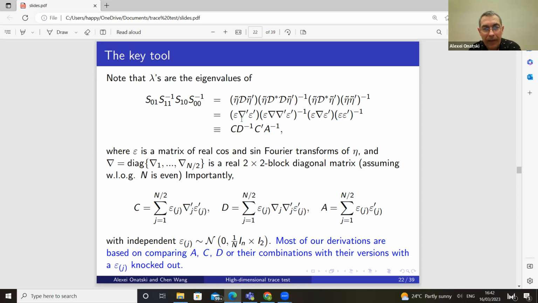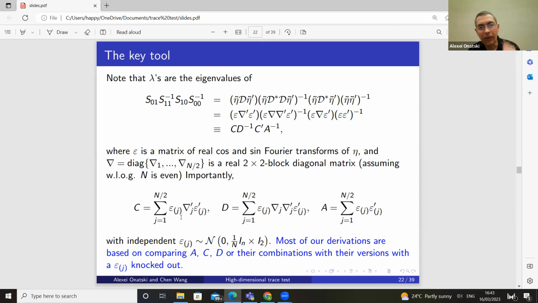And I will call this matrix C, this D, this again C transpose, and this A. More explicitly, this C can be written as a sum of quadratic expressions where this epsilon j is not quite a vector, it's two vectors.